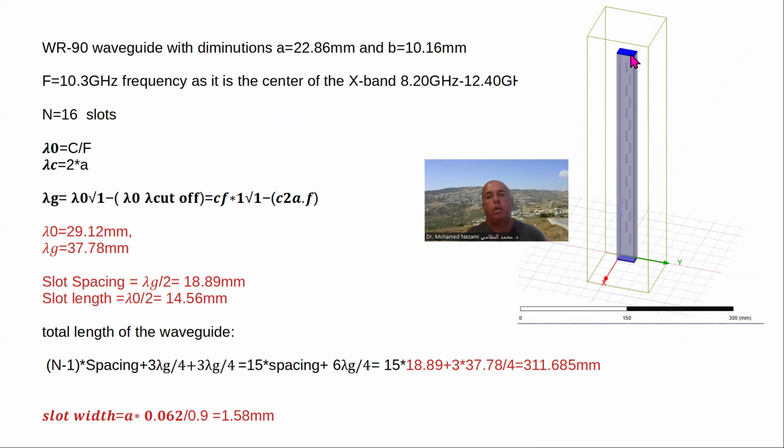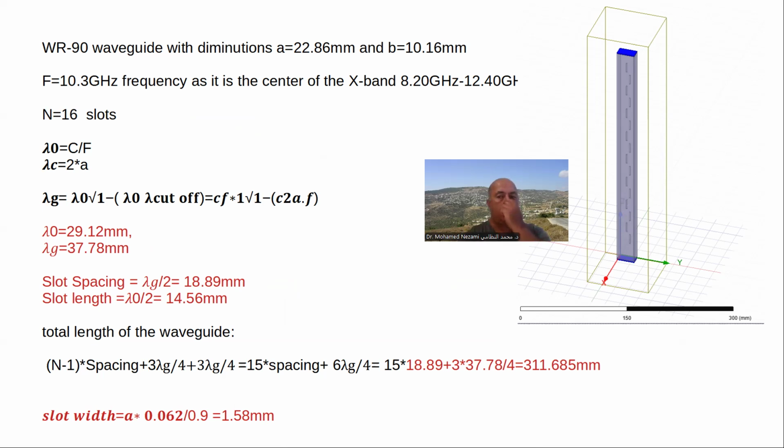Now, as you know, last time I told you that because the distance between the slots is a half waveguide length, and the length of the slot is actually a free space half wavelength, this is a resonant system, meaning that it will operate optimally at a single frequency, and then very fast it will deteriorate.